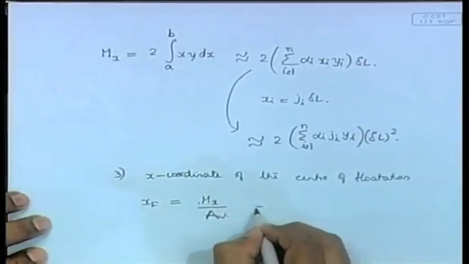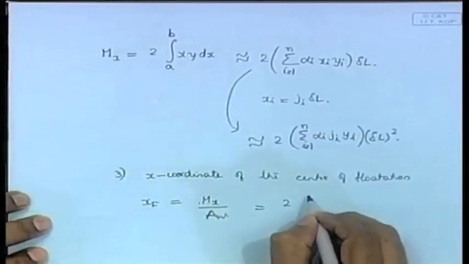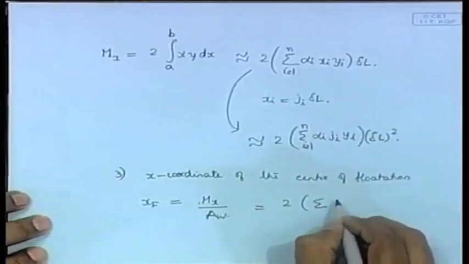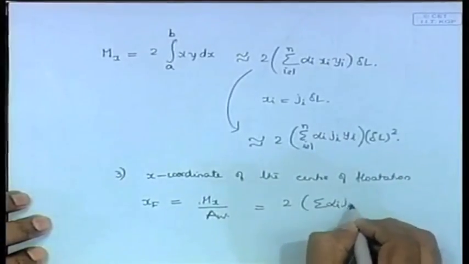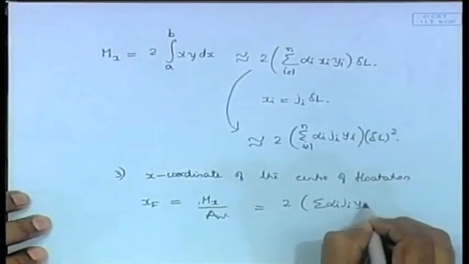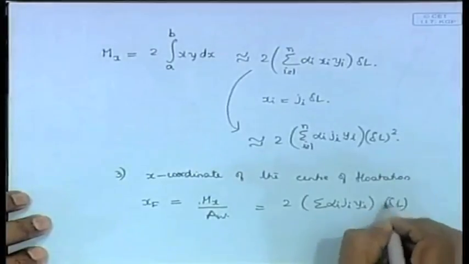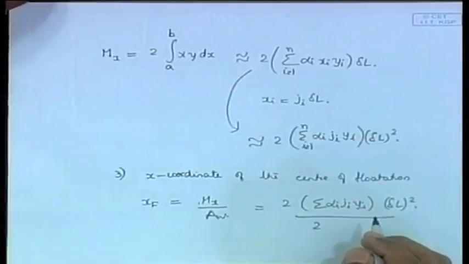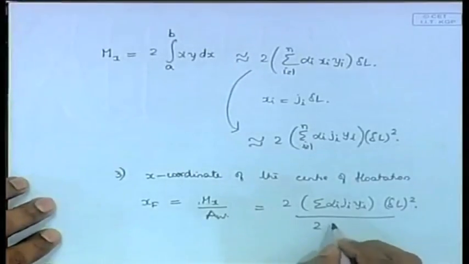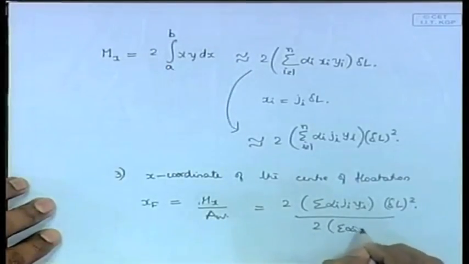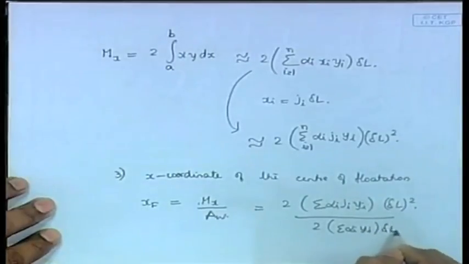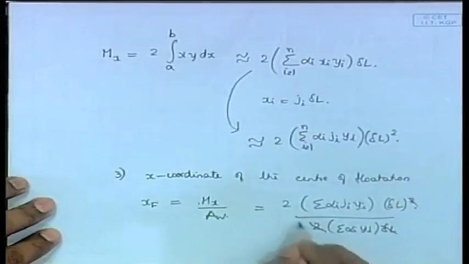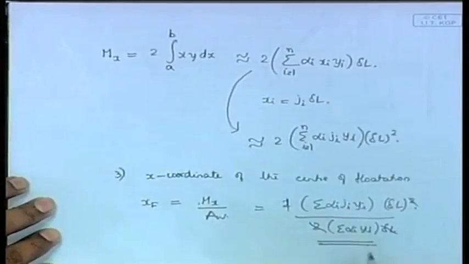So, this represents 2 into sigma alpha I j I y I into delta L squared divided by 2 into sigma alpha I y I into delta L, which is how a w was defined. So, 1 delta L will cancel, 2 will cancel. So, this gives you the x coordinate of the center of flotation.